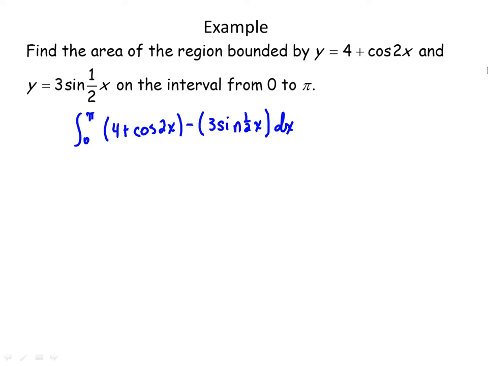So we're going to go again from 0 to pi. Now, with this trig, there's nothing that you can combine. So we're going to integrate this whole entire thing with respect to x.